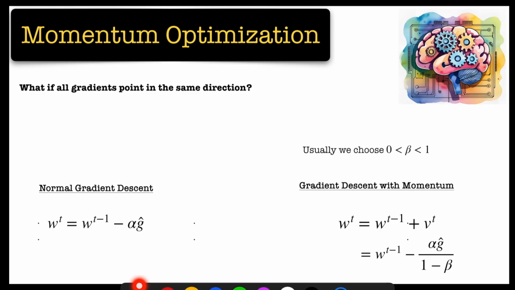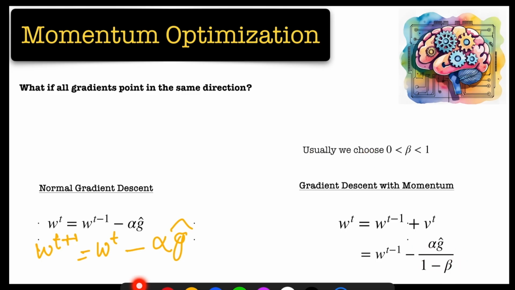So if we use normal gradient descent, we get this formula, wt minus 1 minus alpha g hat. But in case of gradient descent with momentum, we get wt equals wt minus 1 plus vt. What is vt? Vt is minus alpha g hat divided by 1 minus beta, right?